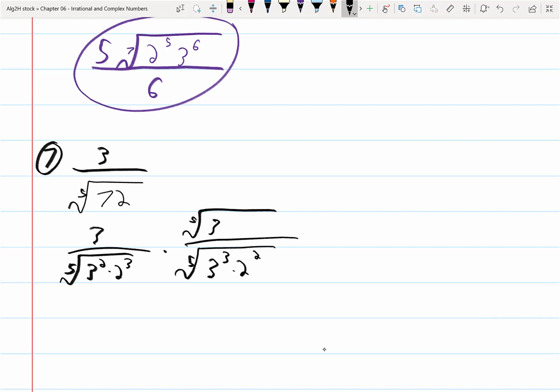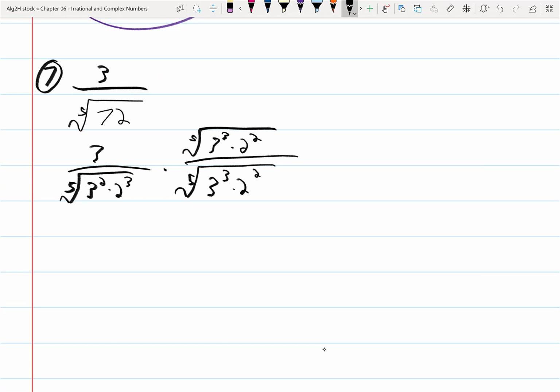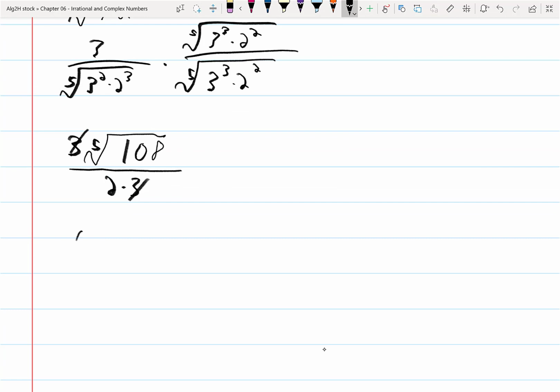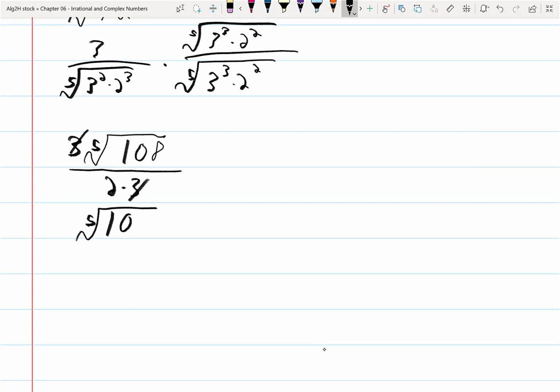So my numerator becomes the 5th root of 27 times 4, or 108. I should always wait to draw radicals until I know how big the number is. And the denominator is just going to become another 3 times 2. Since it's 3 times 2, these 3's can cancel, and I would get the 5th root of 108 over 2.